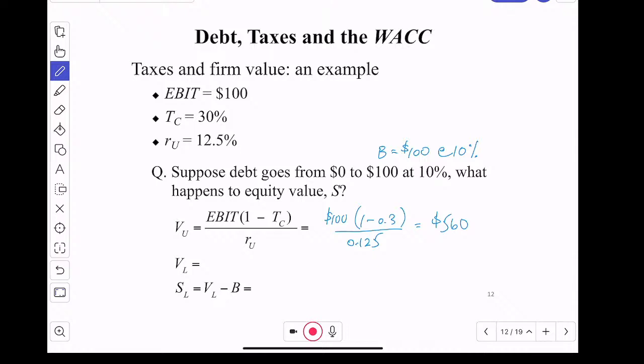Now the levered firm. How do we determine the value of the levered firm?